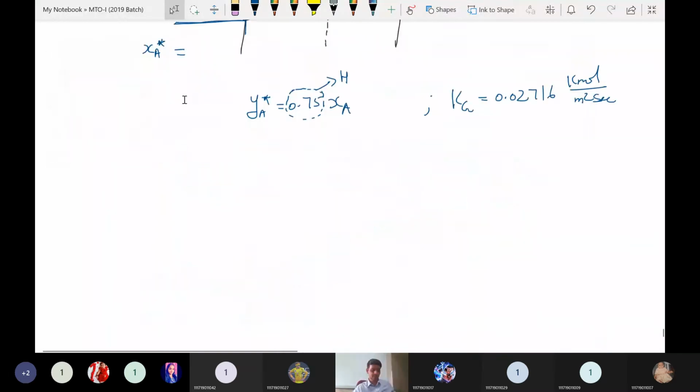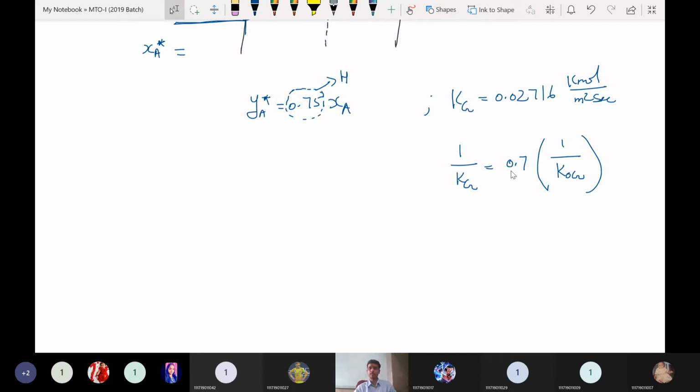How can we write that 70 percent? 1 by Kg is equal to 0.7, that is 70 divided by 100, into 1 by Kog. In the overall mass transfer resistance, 70 percent will be only in the gas phase. That statement is this one.